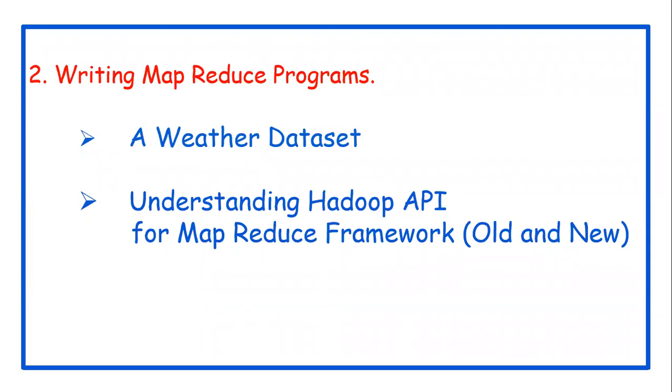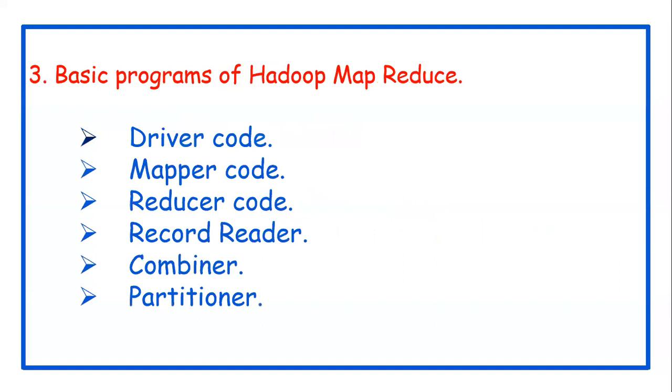After writing the program, we need some interfaces, because every time we have to communicate with the data node and name node. That's why we need some interfaces. And finally, the third topic will introduce some devices, some hardware drivers. So you know the driver code, mapper code, reducer code, recorder code, combiner and partitioner.